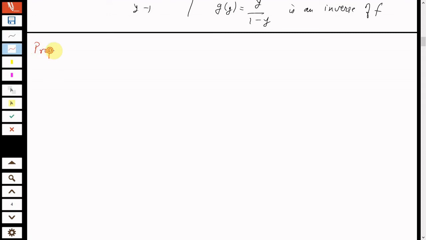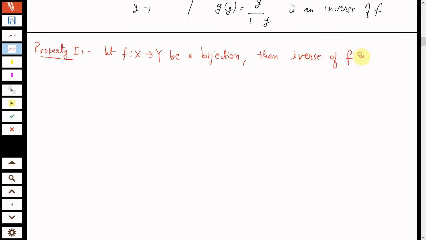Property 1: let f from X to Y be a bijection. Then the inverse of f is unique.